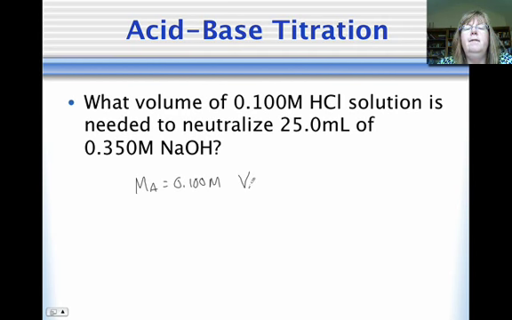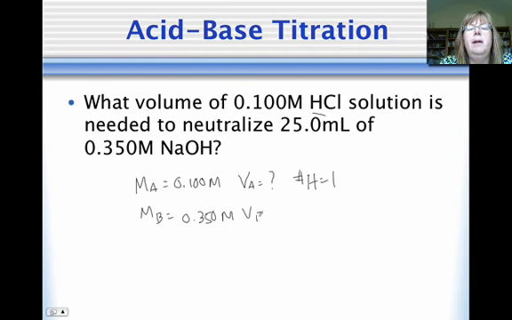The volume of our acid is what we want to know, and the number of H's in HCl is just 1. Our molarity of our base is 0.350 molar. The volume of our base is 25 milliliters, and our number of hydroxide ions in sodium hydroxide is just 1. So here we go.